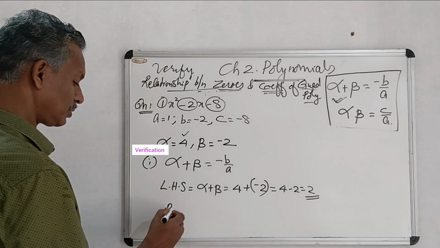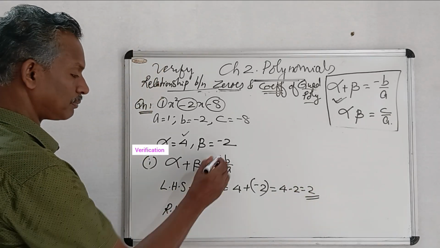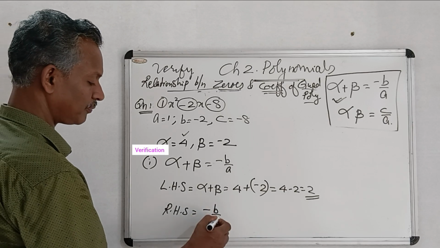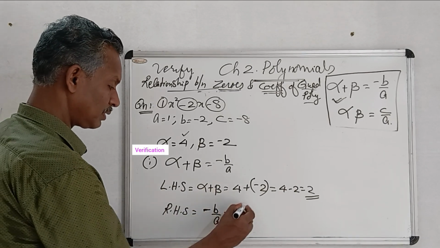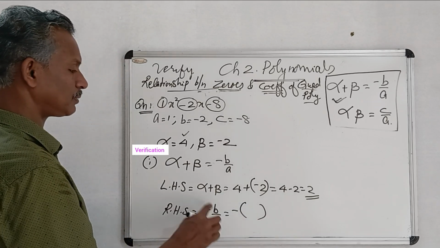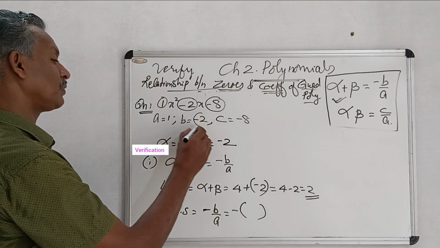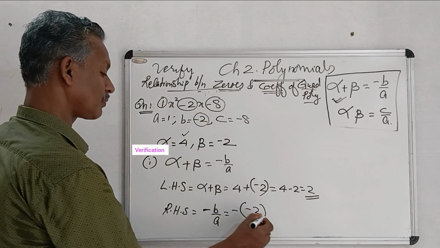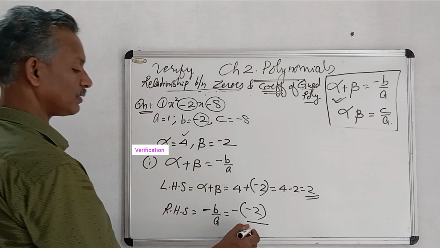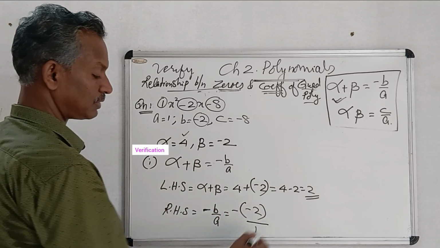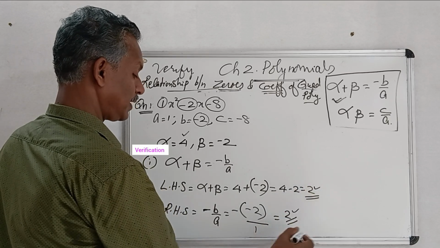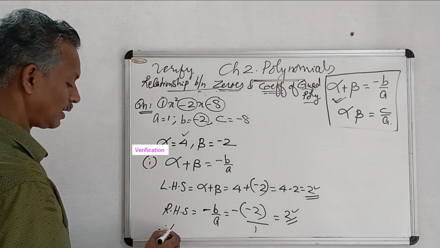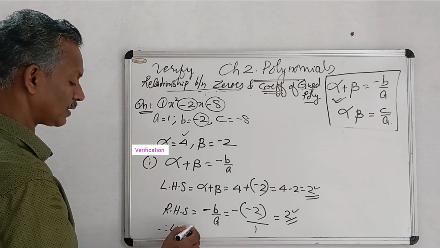And take the RHS. What is the RHS here? Minus b upon a. Minus you have to write first. And within the bracket, what is b? b's value is minus 2, by a is 1. This minus minus gets cancelled and we get 2. So both answers are the same. Therefore we write LHS is equal to RHS.